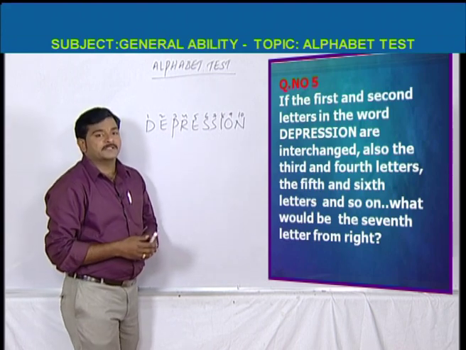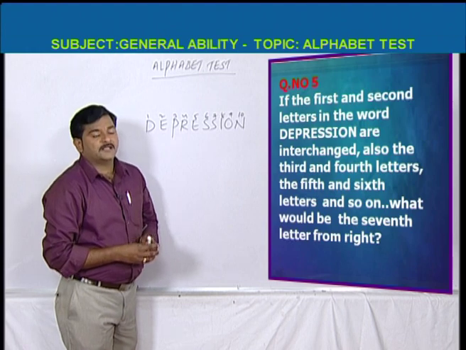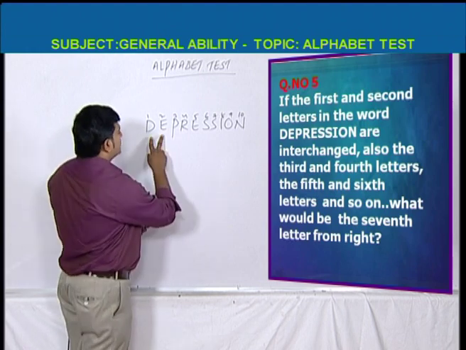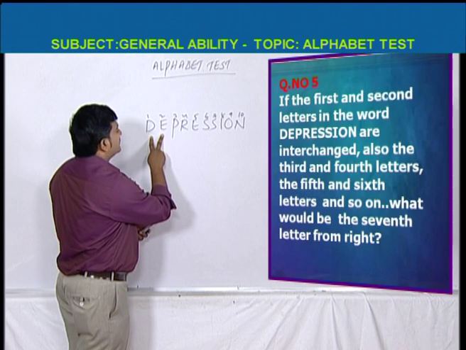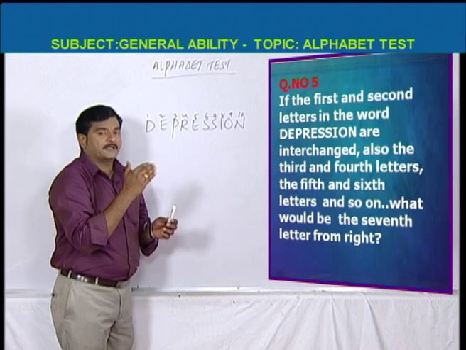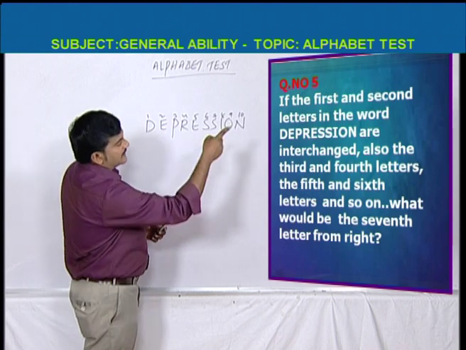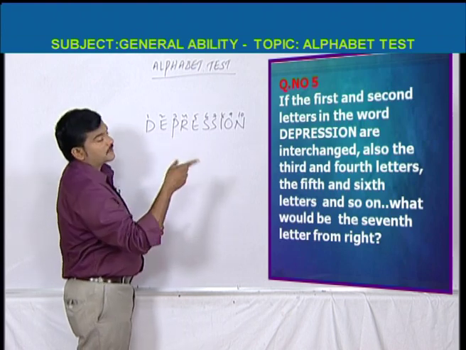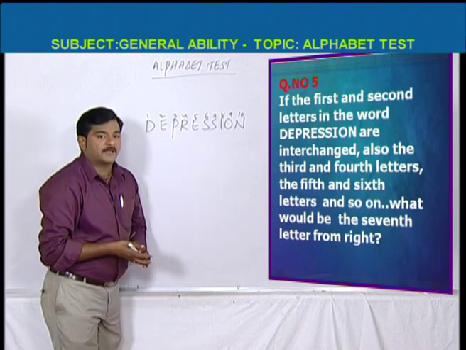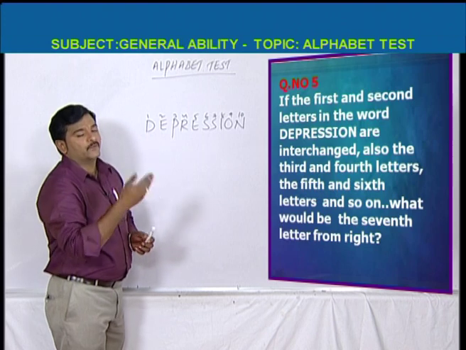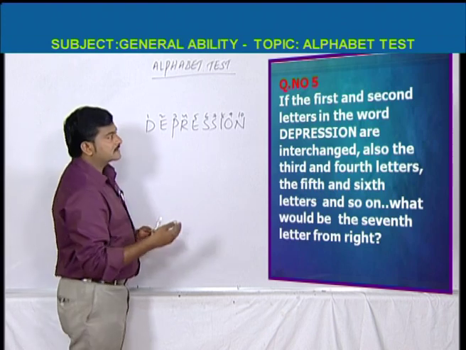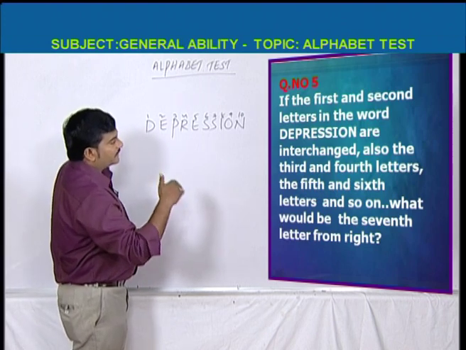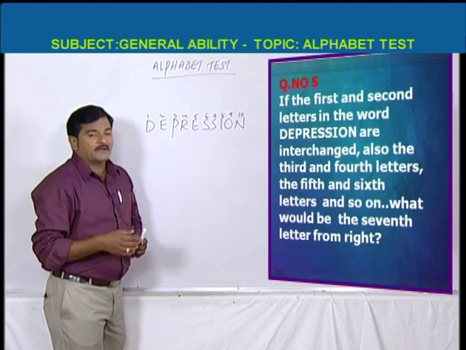What did he ask to interchange? If the first and second letters in the word depression are interchanged, and also third and fourth, the fifth and sixth, and so on. What does it mean?